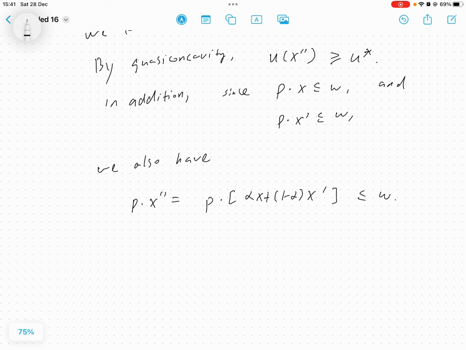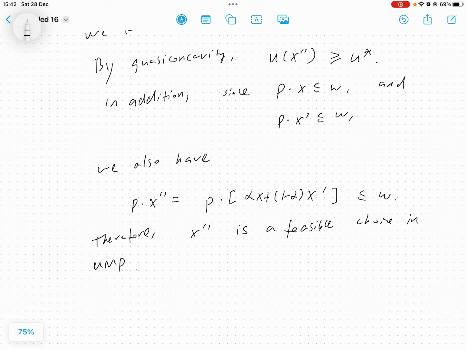So this also satisfies the budget constraint. Now we have this X double prime satisfying the budget constraint, and at the same time, the utility of X double prime is not less than U star. Therefore, this X double prime is a feasible choice in the UMP.